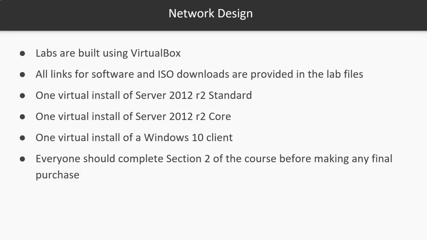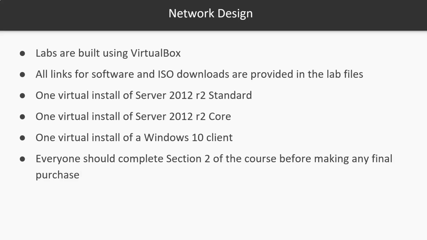For this course, you're going to need to create one virtual install of Server 2012 R2 Standard, one virtual install of Server 2012 R2 Core, and one virtual install of a Windows 10 client, but it can be Windows 10, Windows 7, or Windows 8. Everyone should complete Section 2 of the course before making any final purchase.